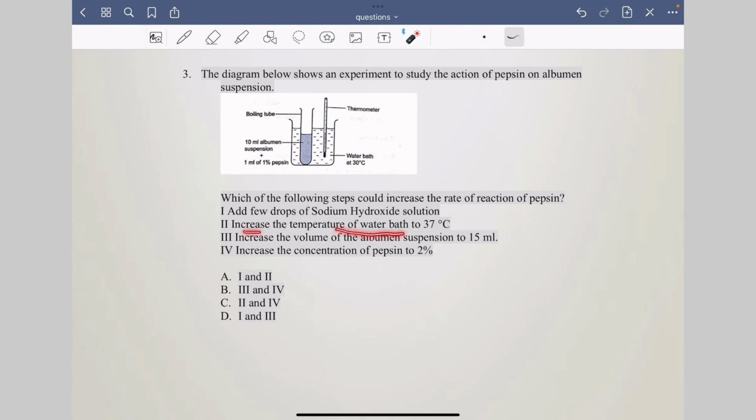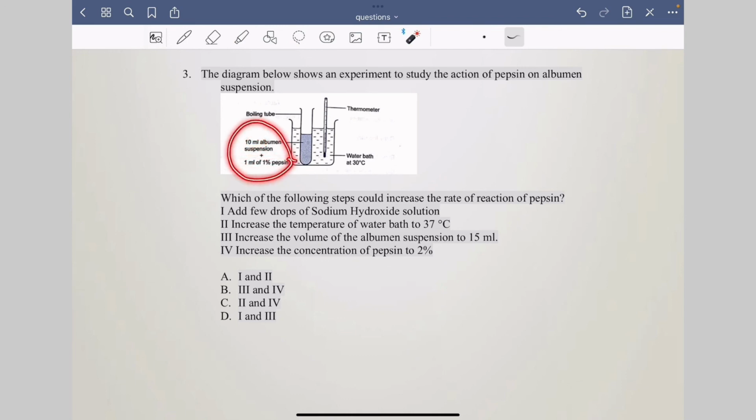Increase the temperature of water bath to 37 degrees Celsius. Yes, this is true. Increase the volume of the albumin suspension. Since we look here, the albumin suspension has 10 milliliter while the pepsin is only 1 milliliter.